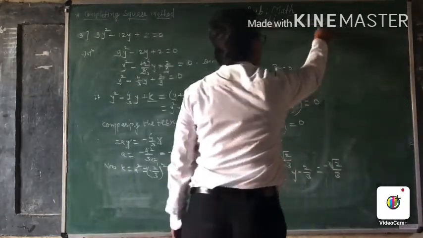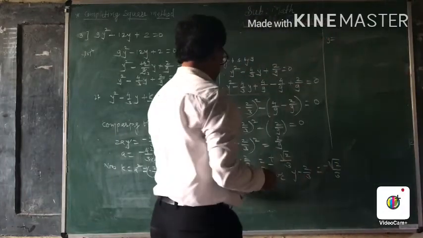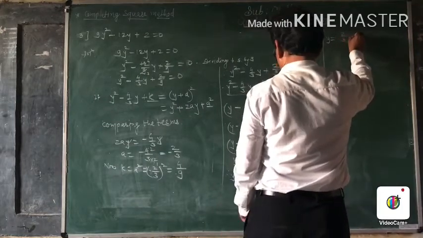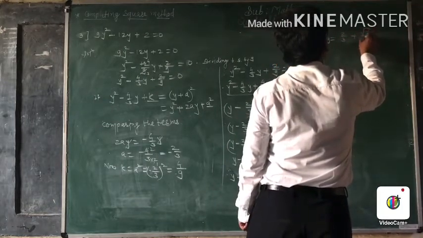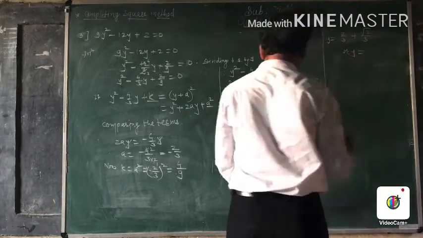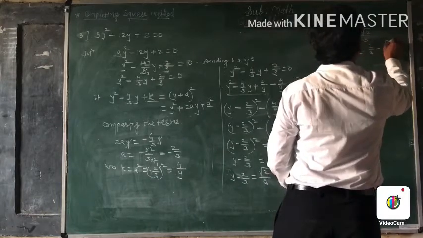Therefore, y is equal to minus 2 by 3 goes to the other side as plus 2 by 3 and plus root 2 upon 3, or y is equal to plus 2 by 3 minus root 2 upon 3.